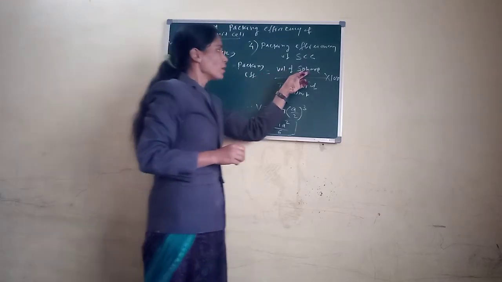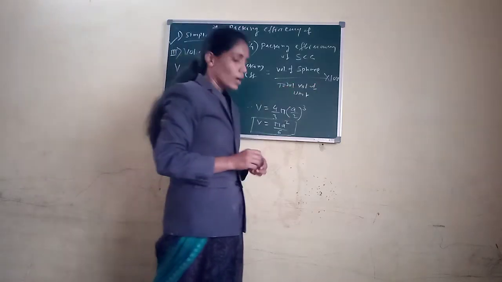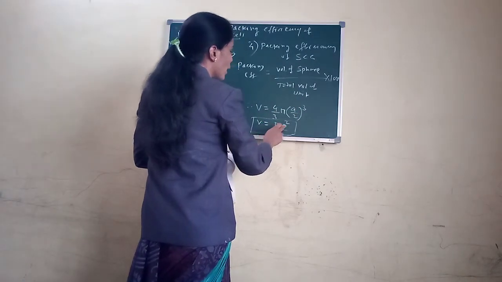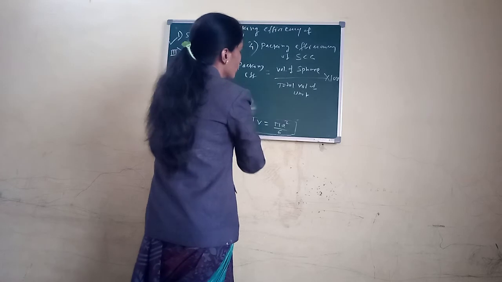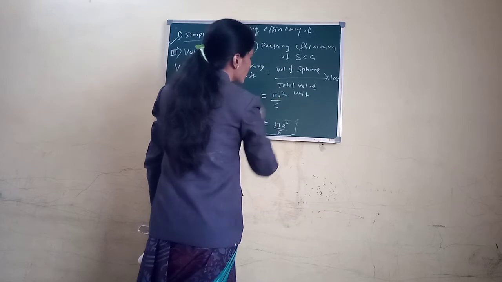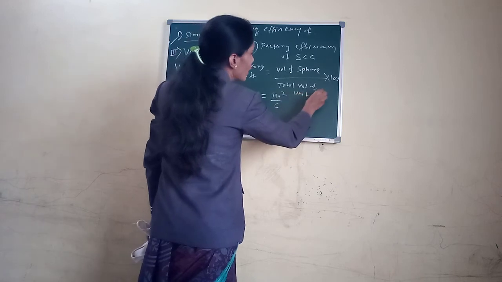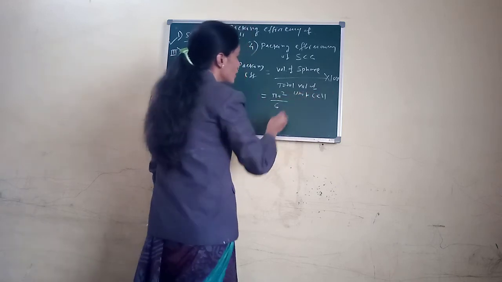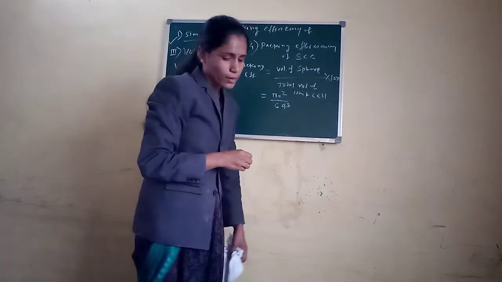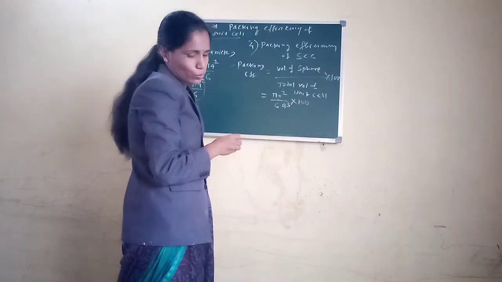The volume of sphere, only one sphere, upon total volume of unit cell into 100. The volume of sphere is V is equal to pi a cube upon 6, and total volume of unit cell is a cube, into 100.